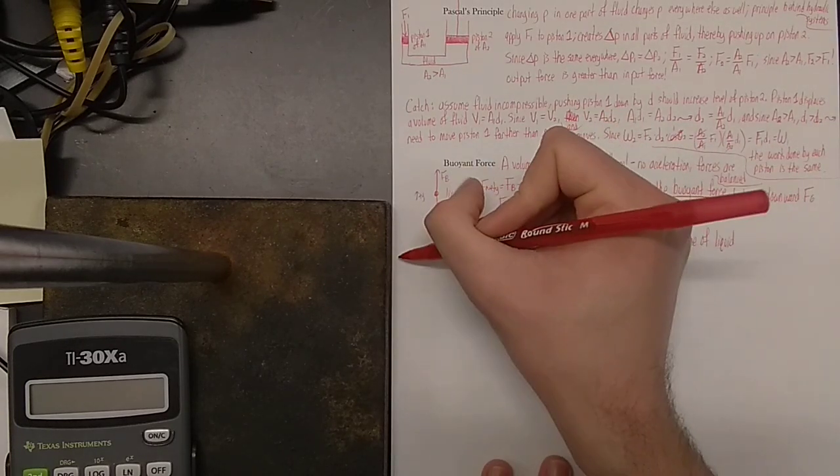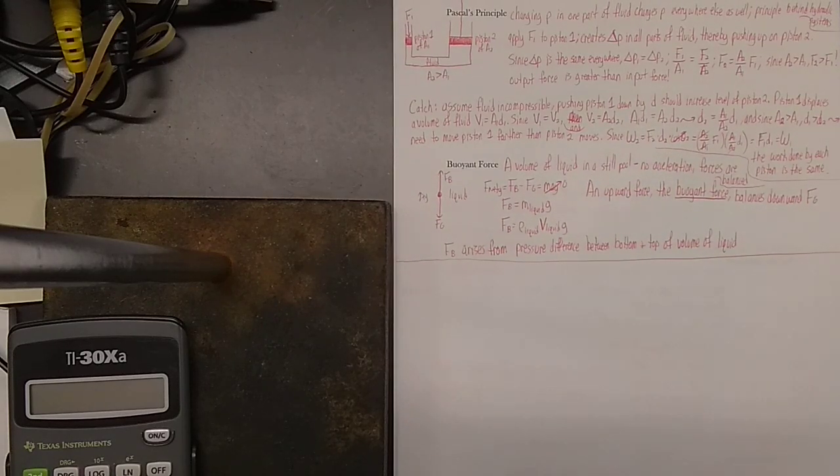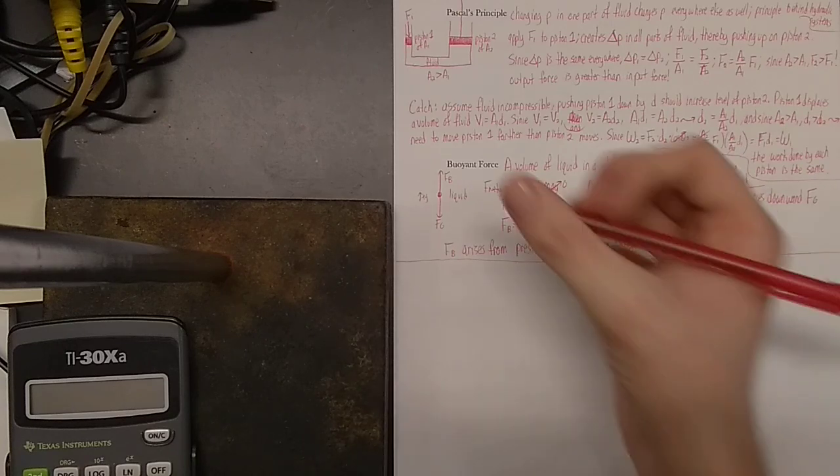Okay, that's where it really comes from. Because the pressure, as we saw before, on the bottom of the liquid volume is greater than the pressure at the top of the liquid volume, we end up getting this pressure differential, and that creates a force upward, and that force is known as the buoyant force.